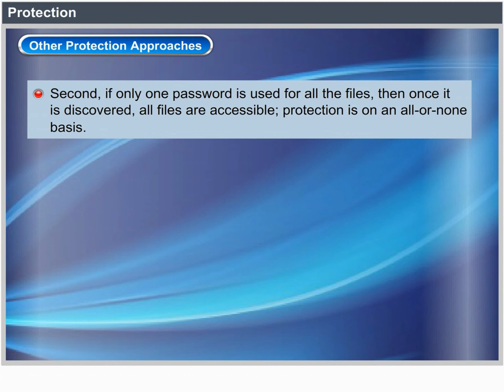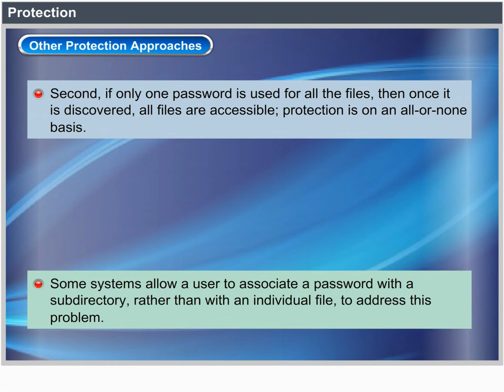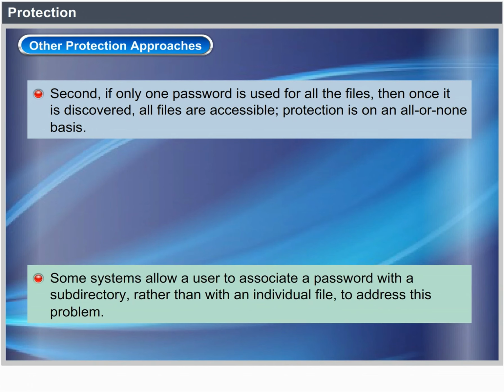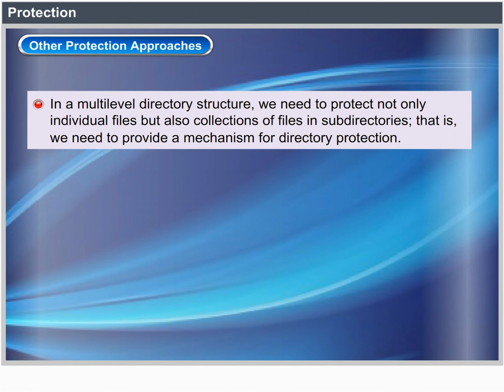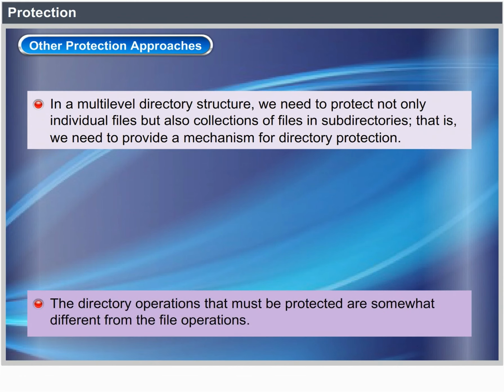Some systems allow a user to associate a password with a subdirectory rather than with an individual file to address this problem. In a multi-level directory structure, we need to protect not only individual files but also collections of files in subdirectories. That is, we need to provide a mechanism for directory protection. The directory operations that must be protected are somewhat different from the file operations.